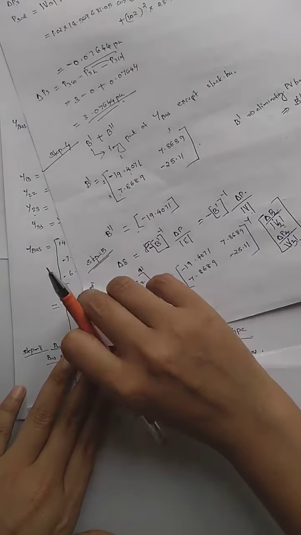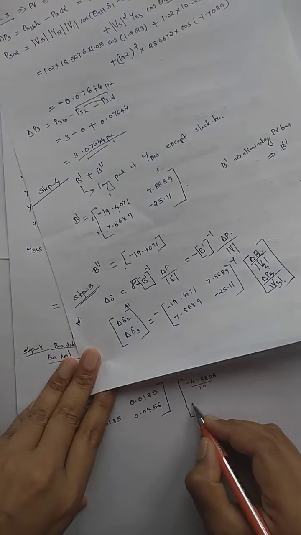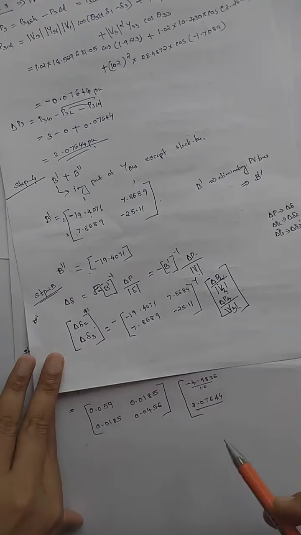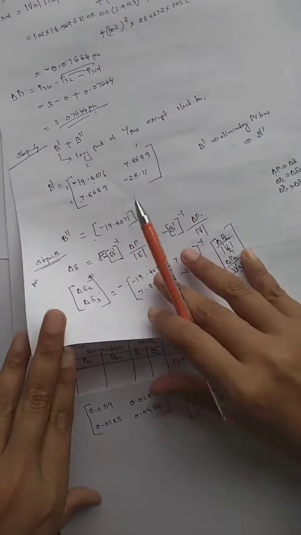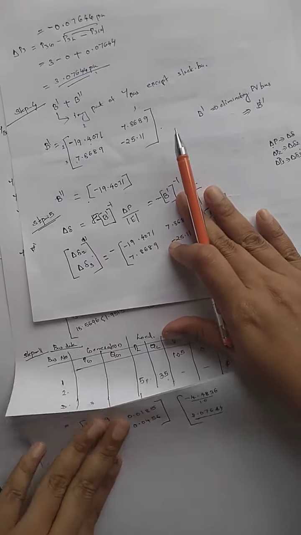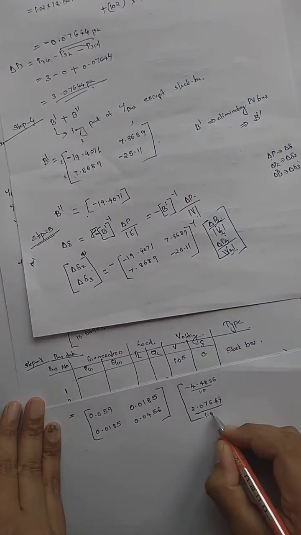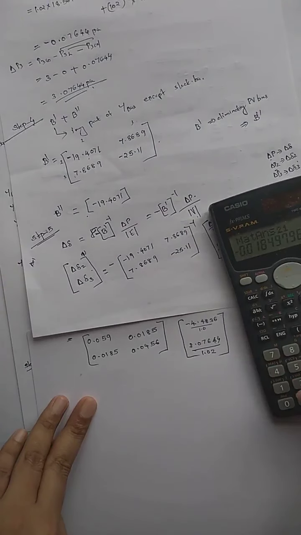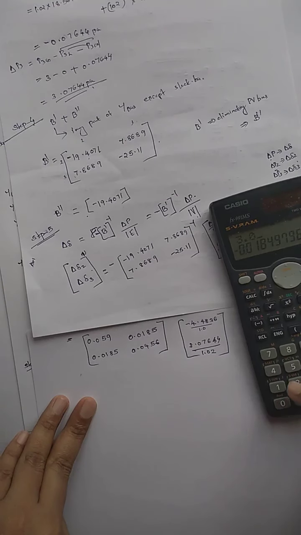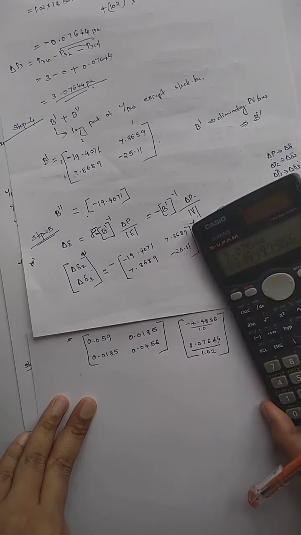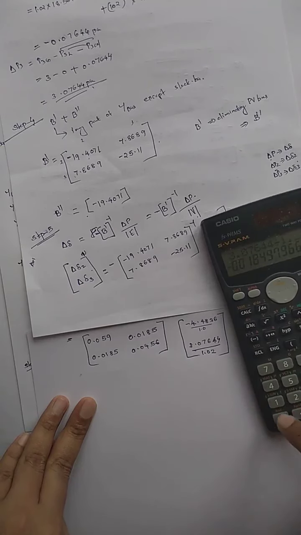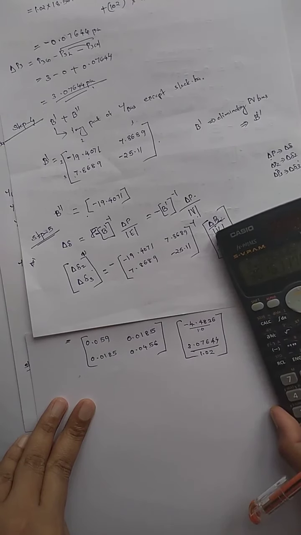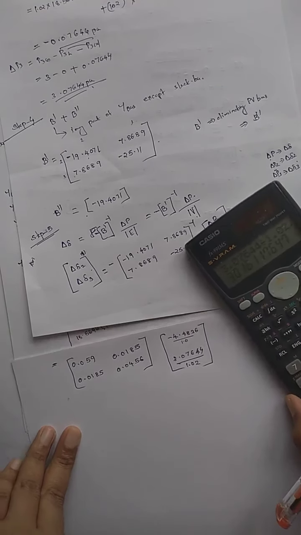We got it as 3.07644 divided by V3, which is given in the question as 1.02. So 3.07644 divided by 1.02 will be about 3.016.